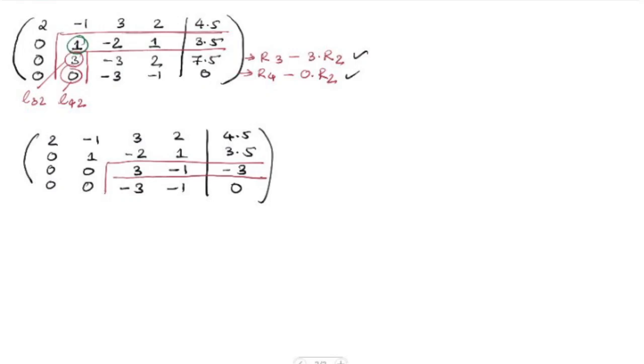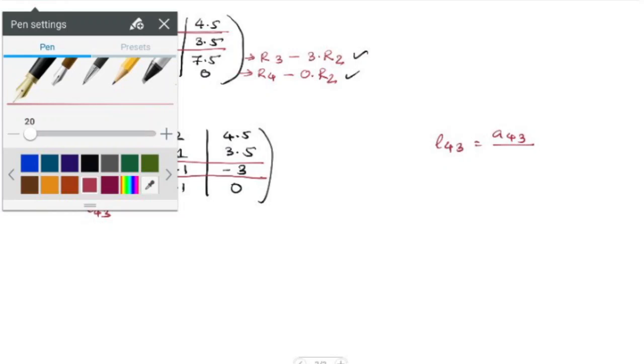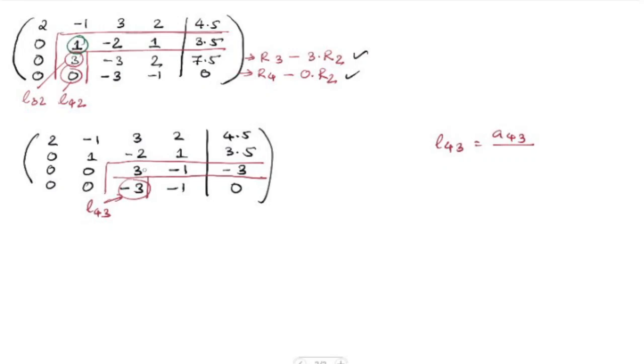Once we're done freezing it, the elements below the first element of the first column, we take those elements and we find out the elimination factors of them. So this one here, the elimination factor is named as L43. So let's find out L43 now. L43 is A43 divided by the first element in the freezed row.